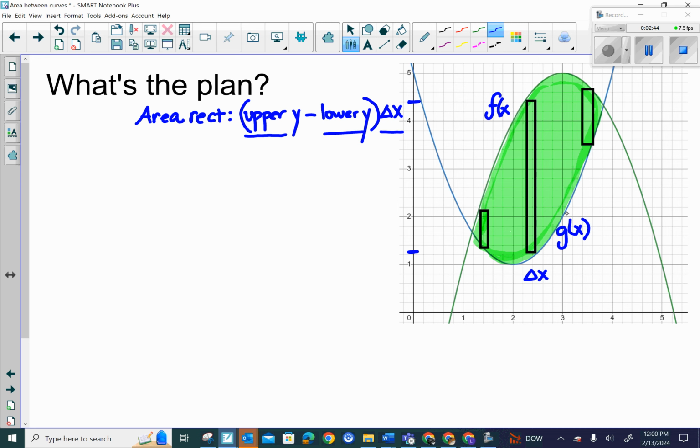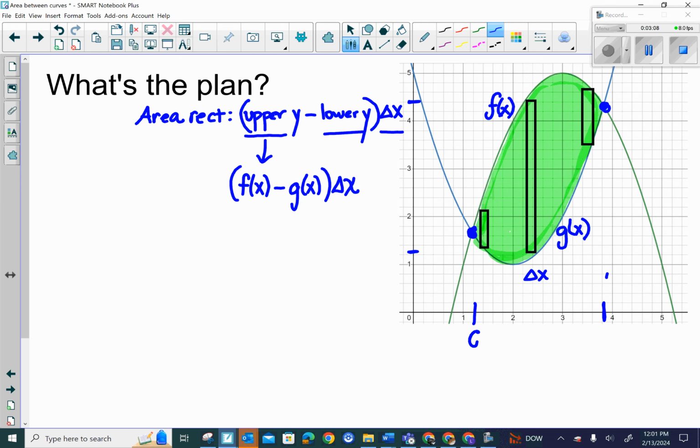If g of x were my lower parabola and f of x was that upper parabola, I would say the area is f of x minus g of x, and those functions are in x, times delta x. So those are the areas, and it looks like these are my points of intersection.